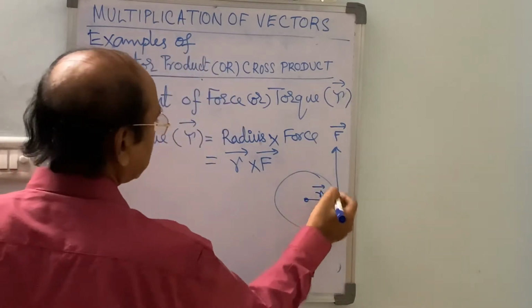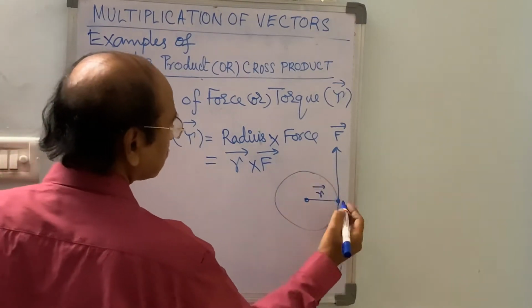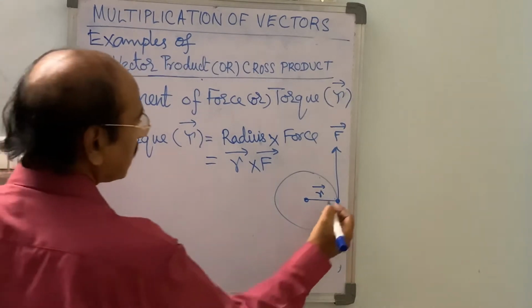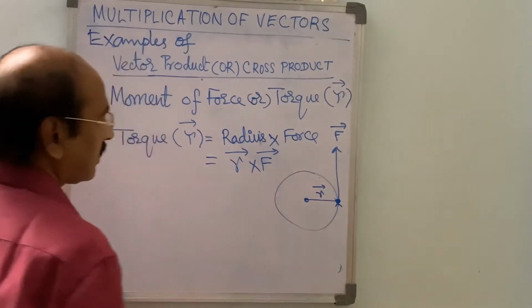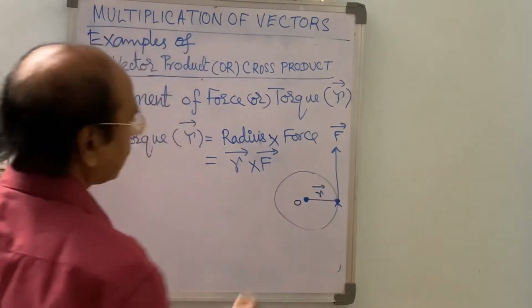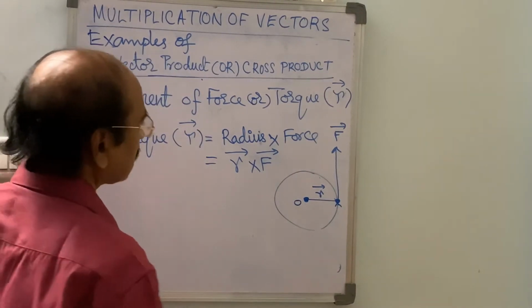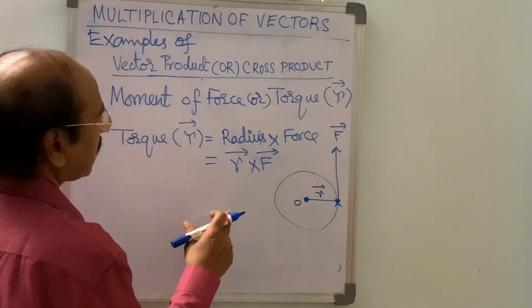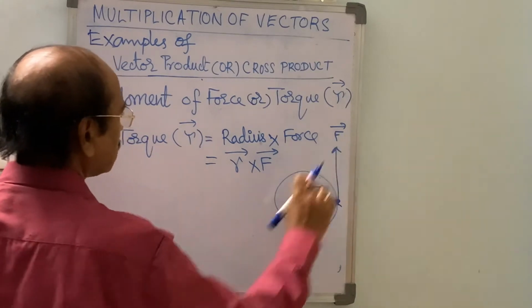So, when a body rotates in this circular direction, in the anti-clockwise direction, the body is pulled in the direction of F bar, which is obtained by drawing a tangent. While rotating like this, the moment of force, torque, is obtained from the radius vector r bar and force F bar.